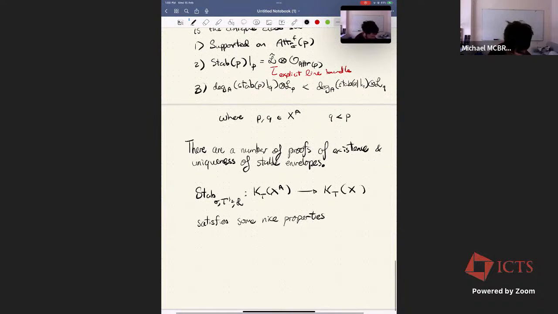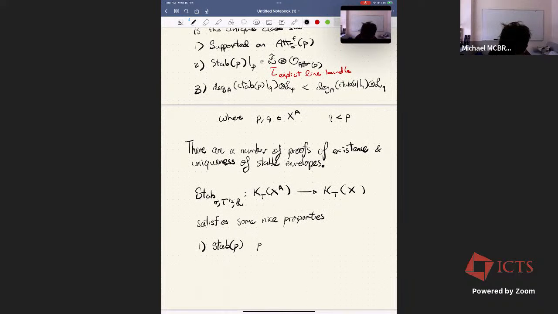Number one, here we need isolated fixed points for the statement to make sense in this form. The classes stab P for P ranging over the fixed locus form a basis of the equivariant cohomology after you localize some equivariant parameters.